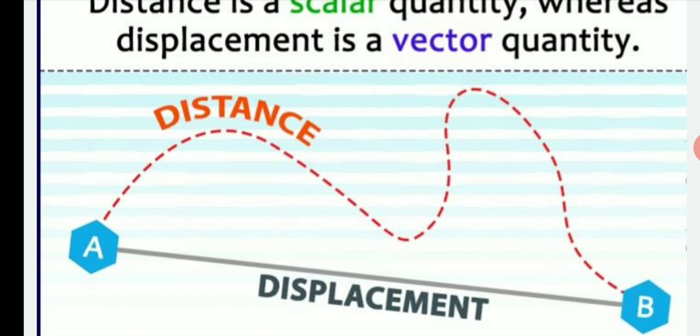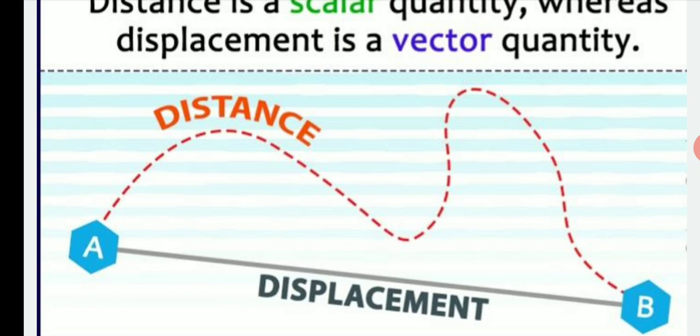It may be from any point to any point. For example, if we are traveling from point A to point B, there is any obstacle in between. So what we do, we'll get a diversion and we travel from point A to point B. So distance need not be the shortest distance, and at the same time distance will not have any direction.